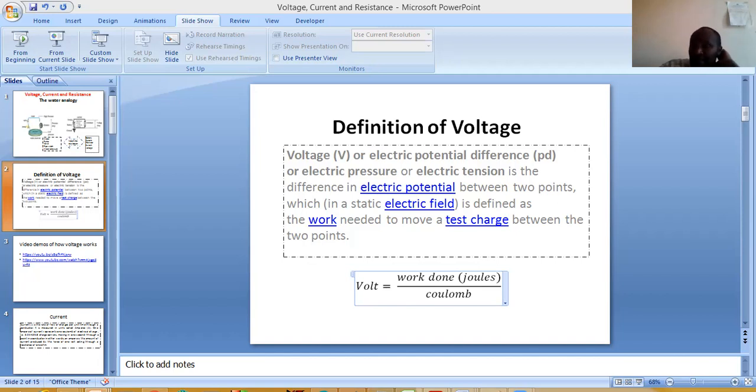And maybe what you want to do is ask yourself, in your house, do you know the power rating of the appliances that you use? For example, a very common electrical appliance that almost every one of you always uses is a phone.